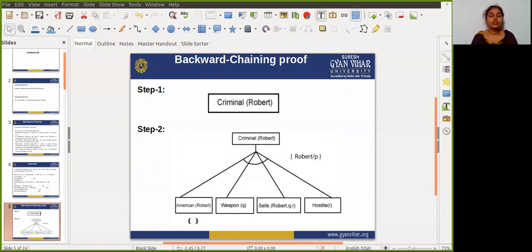Okay, next understand step 2. At the second step, we will infer other facts from the goal fact, which satisfy the rule. Okay, so as we can see in rule 1, the goal predicate, that is criminal(robot), is present with substitution robot/P. Means if we replace P with robot, we will add all the conjunctive facts.